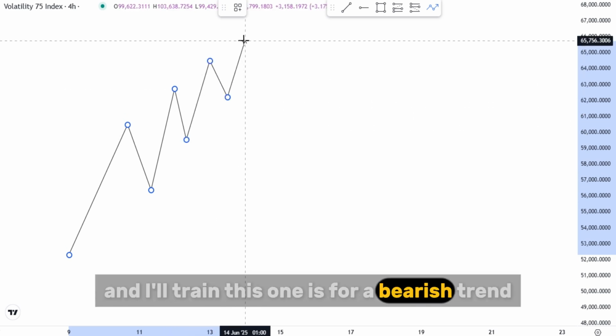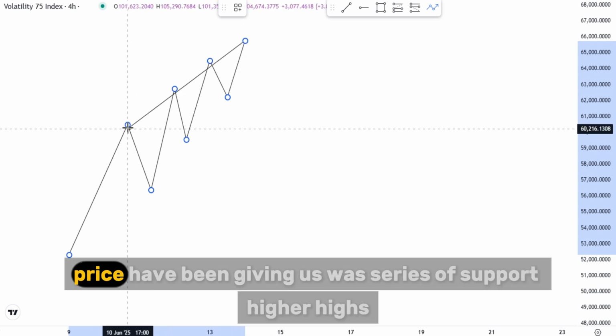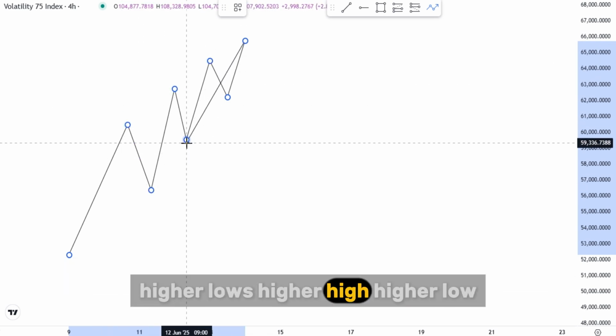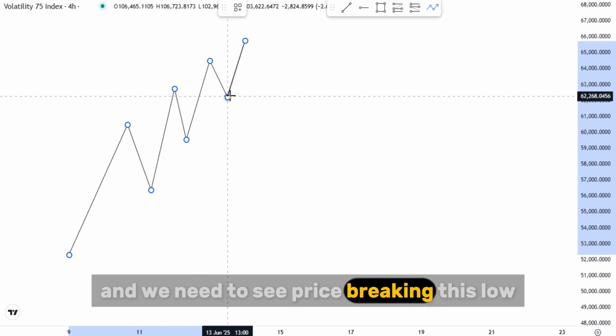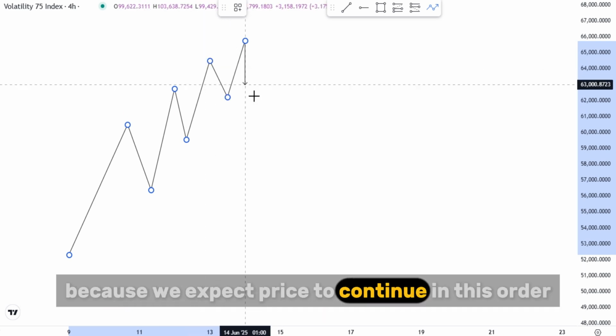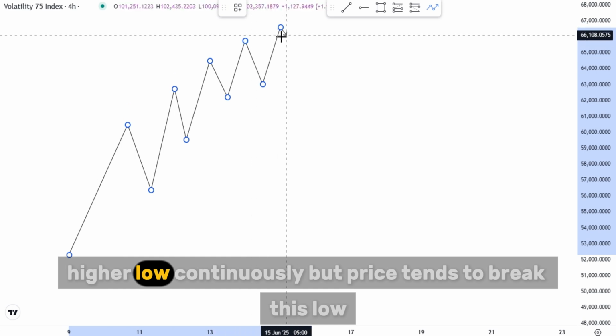This one is for a bearish trend. Now, we need to see that price will be giving us a series of higher highs, higher lows, higher high, higher low, higher high, higher low. And we expect price to continue in this order, giving us higher high, higher low continuously.